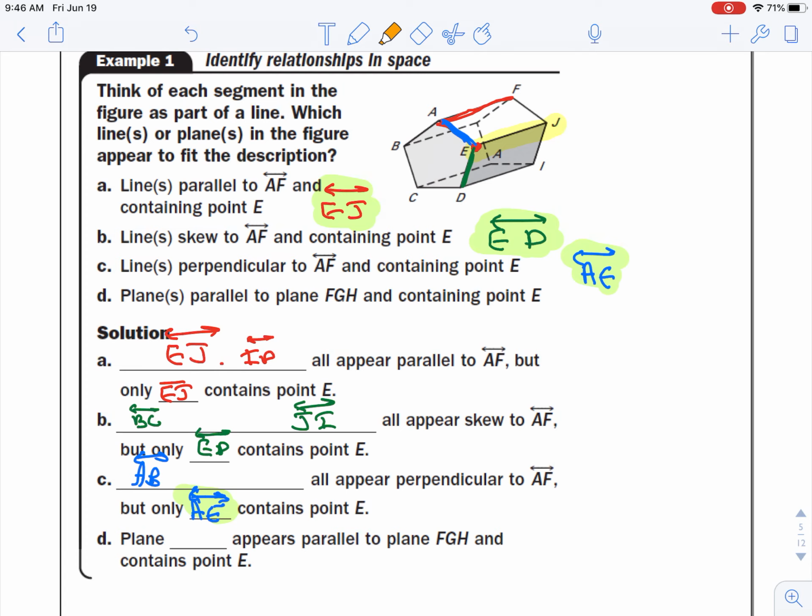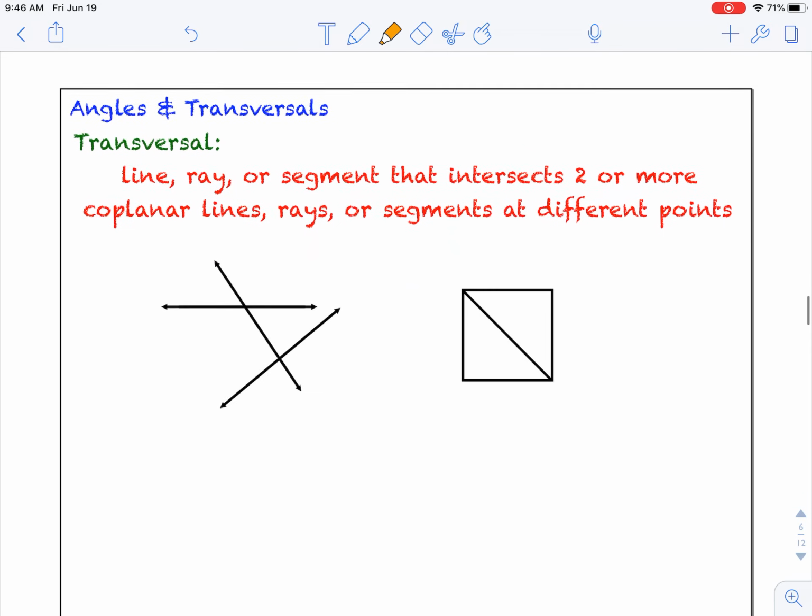And contains point E. And that would be plane EBC. So this plane is what we're looking at, and this plane looks like it would be parallel. So that we could say that it is plane ABC. Right there.